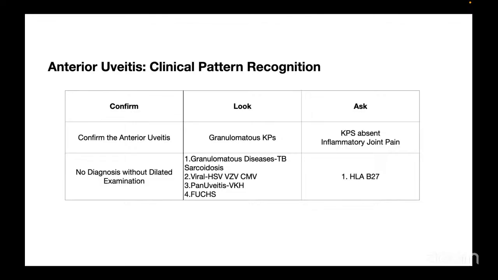If your patient doesn't have granulomatous keratic precipitates, then what? Look for non-granulomatous keratic precipitates. If non-granulomatous KPs are there, the one simple question to ask is about inflammatory joint pain, not just joint pain. Then that patient may be having HLA B27.